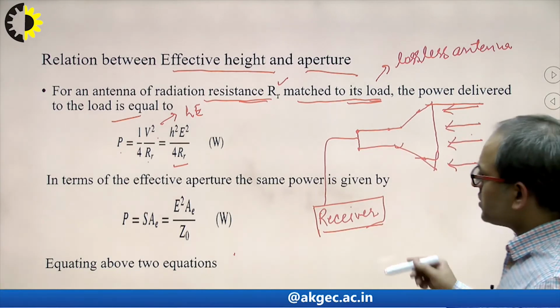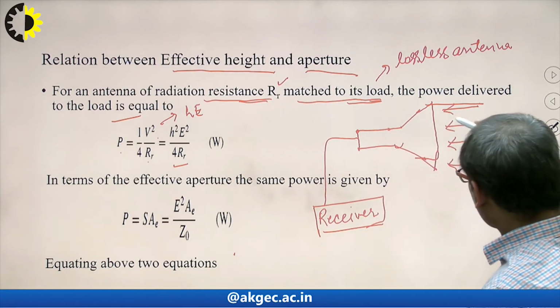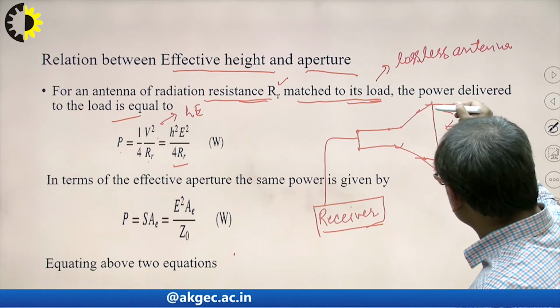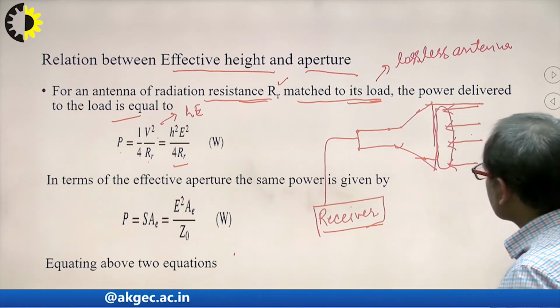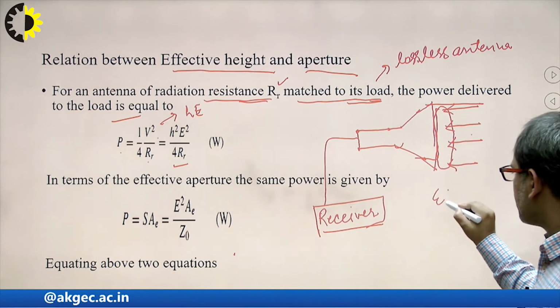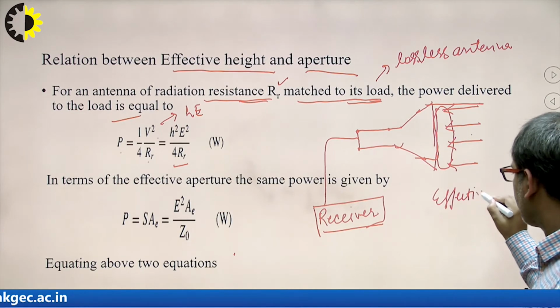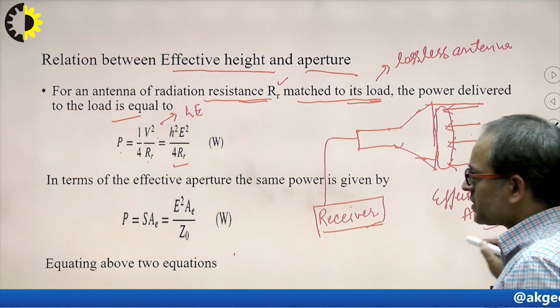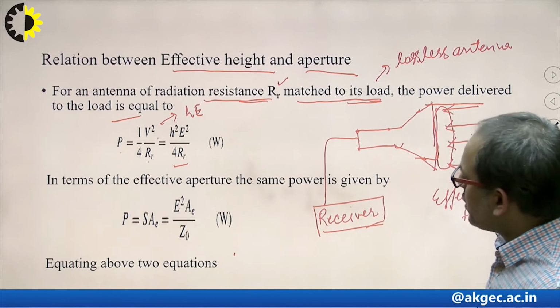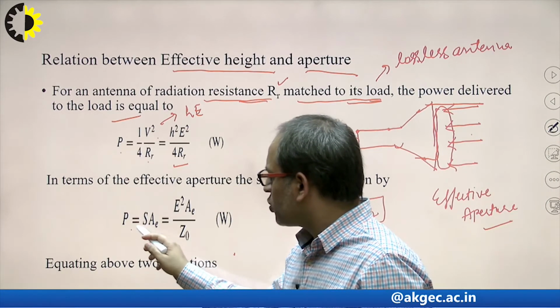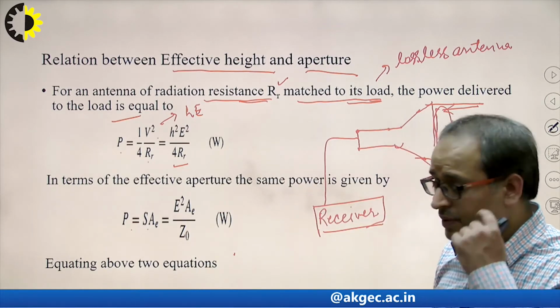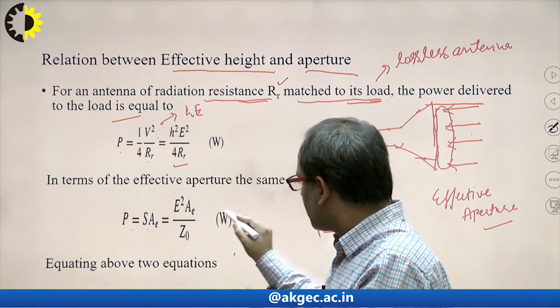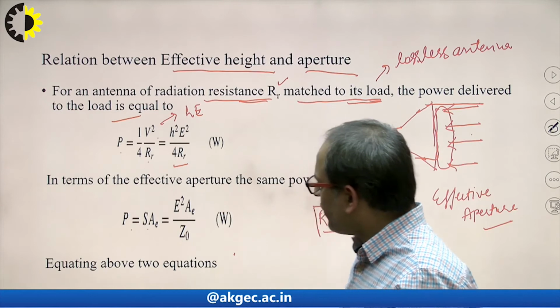Clear? Now this same power, the power which is incident on the antenna, is related to the effective aperture area. Clear? So the power related to the effective aperture area will be P equal to S into AE, that is, P equal to E square into AE divided by Z naught.